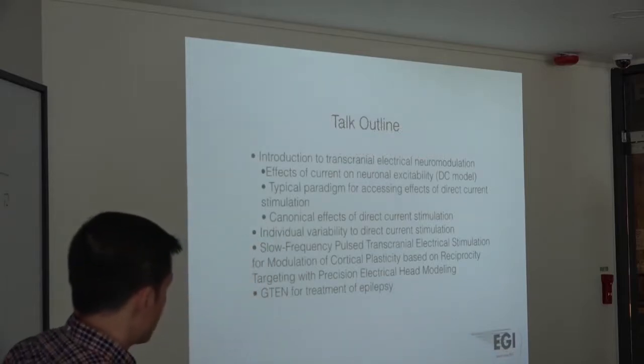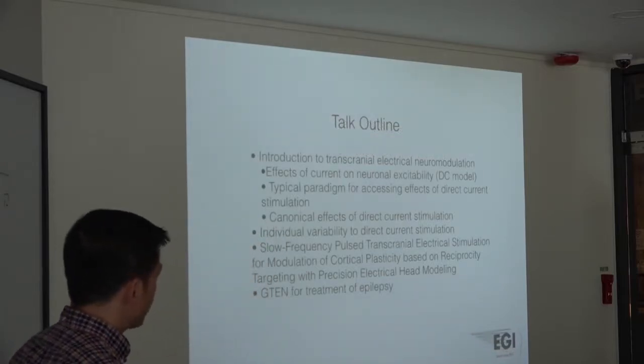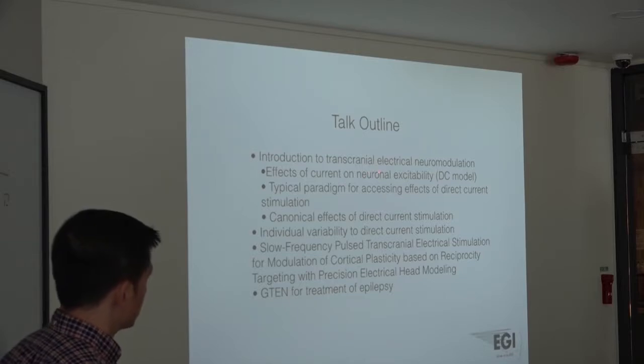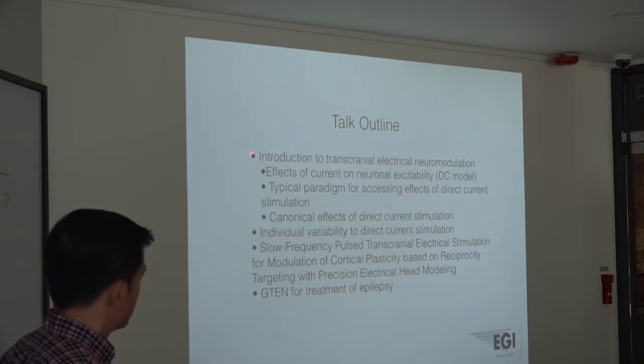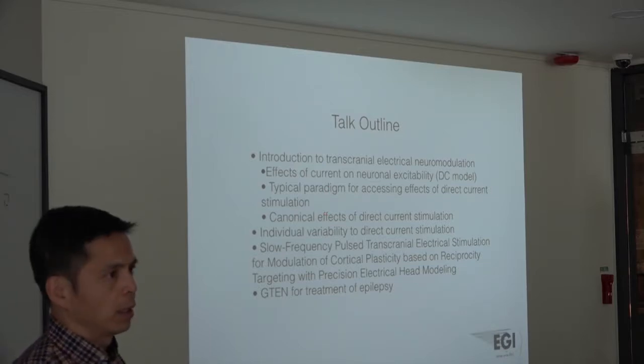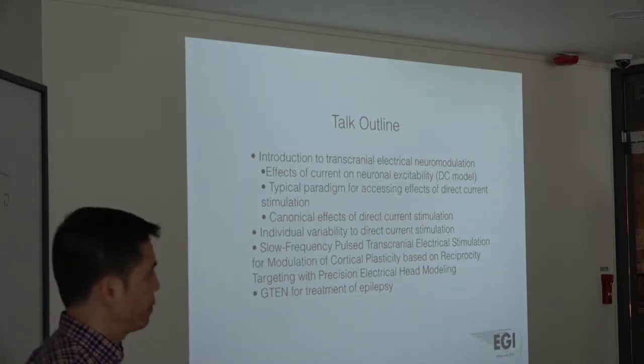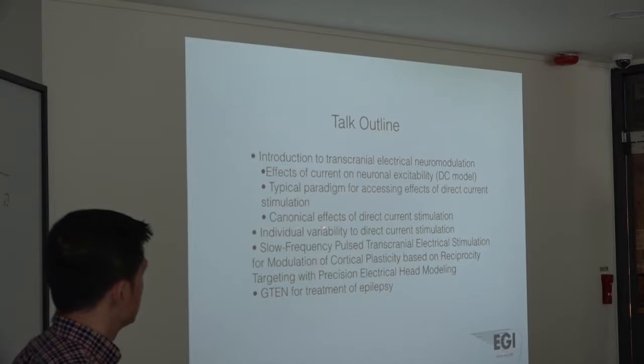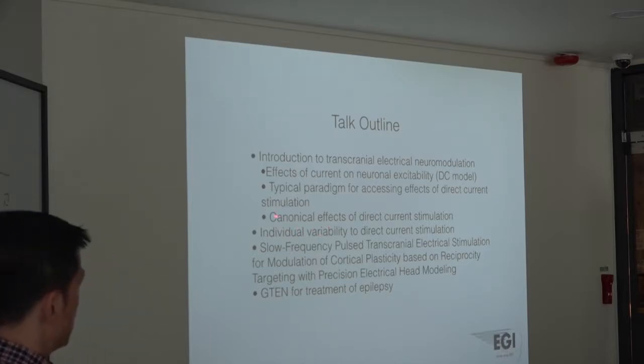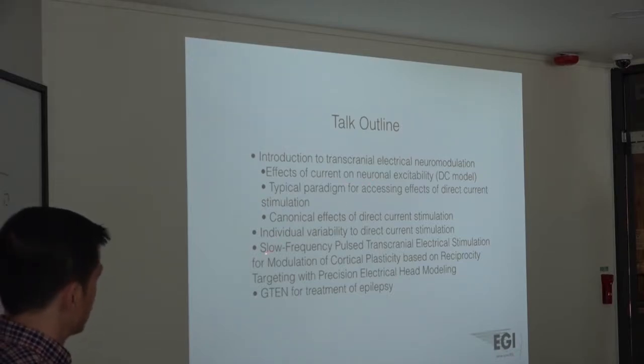So here's the talk outline. I'll do a very brief introduction to transcranial electrical modulation. You'll hear a little more about that later today. And then we'll go into issues in the current research using TDCS, or transcranial direct current stimulation.